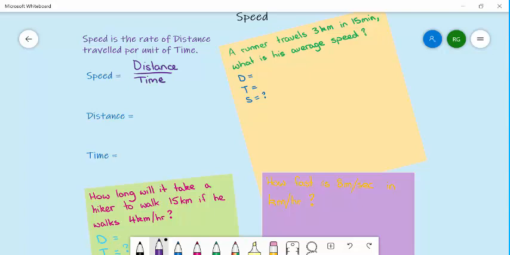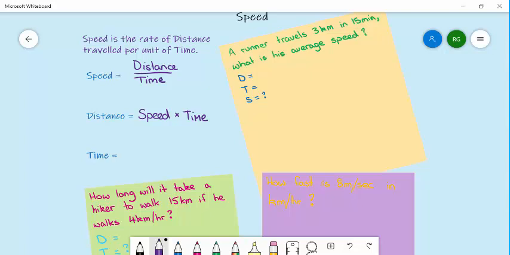Now, assuming you remember how to rearrange equations, we're ultimately just going to be rearranging these equations. So in order to find out what distance is equal to, we need to multiply from the speed equation both sides by time. So distance is equal to the speed multiplied by the time.